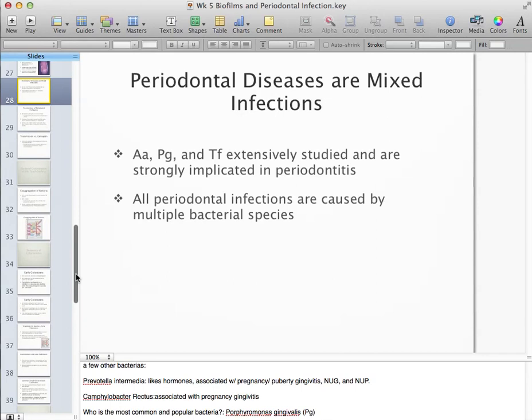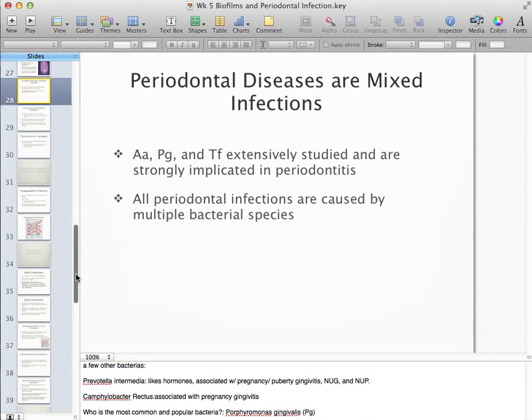There are a few other bacteria we should be aware of. Prevotella intermedia. This is bacteria associated with hormones, like we talked about earlier. When you think of Prevotella, you think of prego, and a prego person has lots of hormones, and they can be affected.